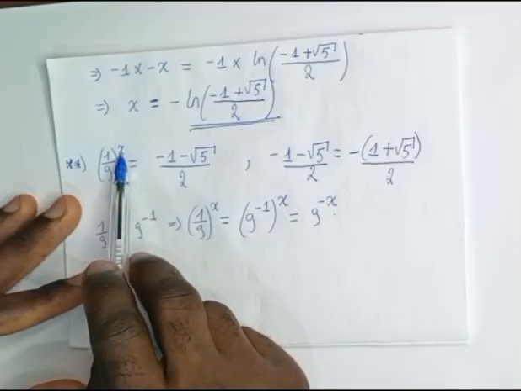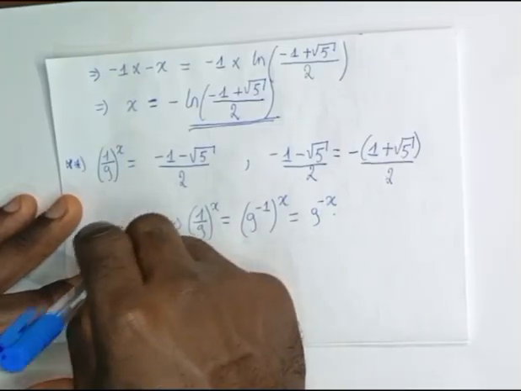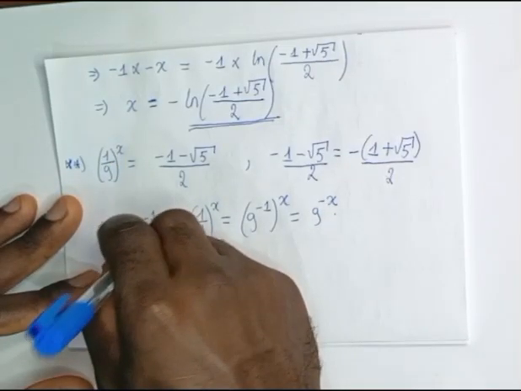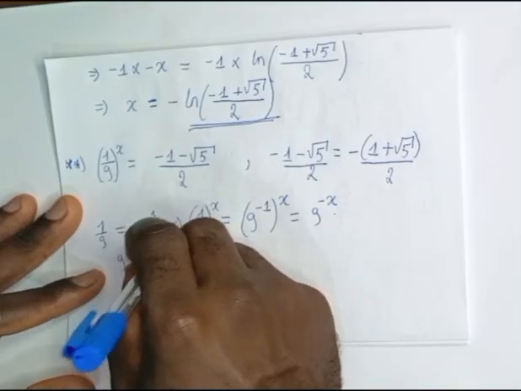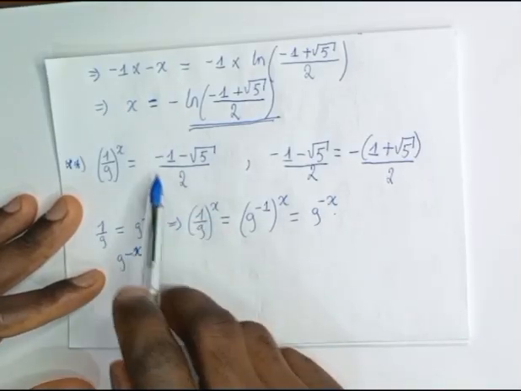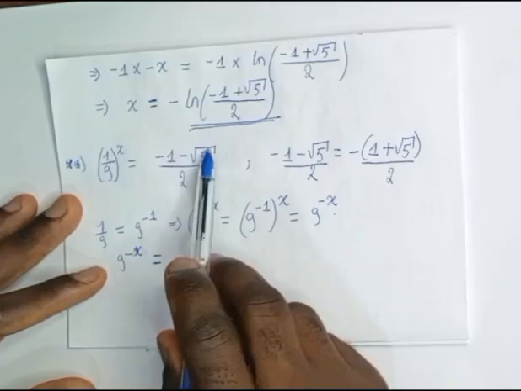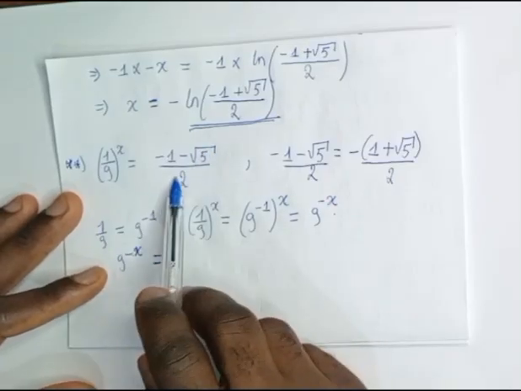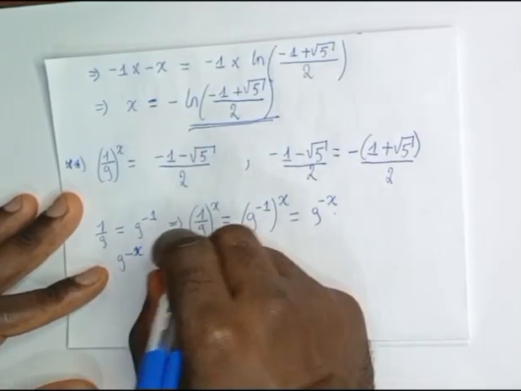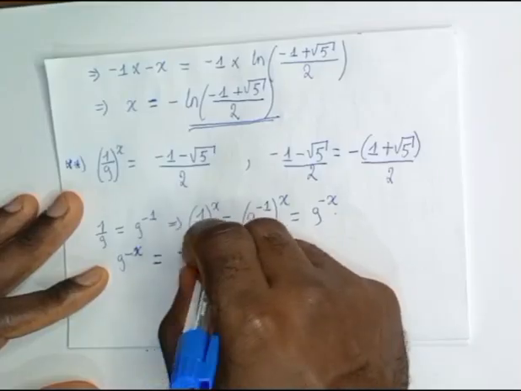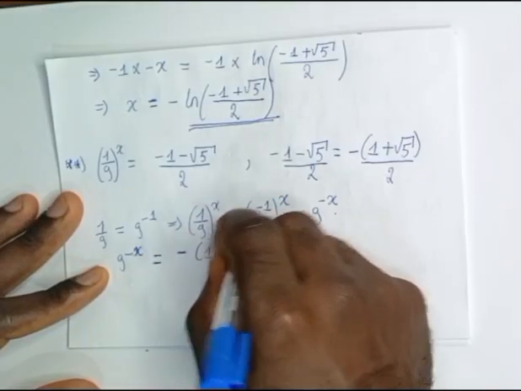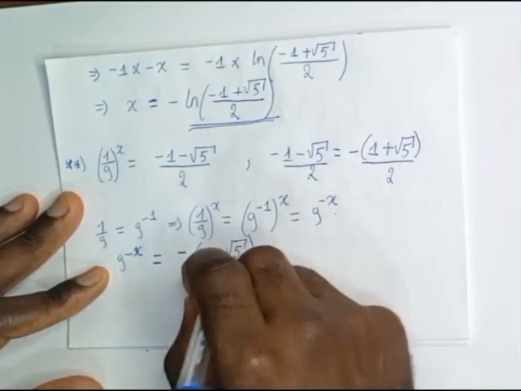Replacing 1 over 9 raised to the power x with 9 raised to the power negative x is equal to negative 1 minus the square root of 5 all over 2.